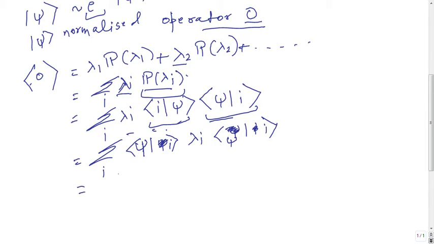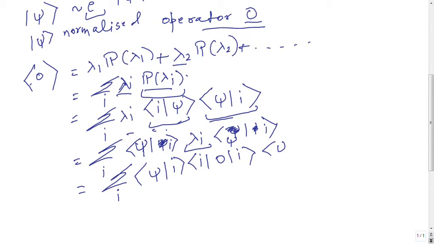Again, this lambda i can be written as this, because this operator when applied to this eigenvector would give me lambda i.